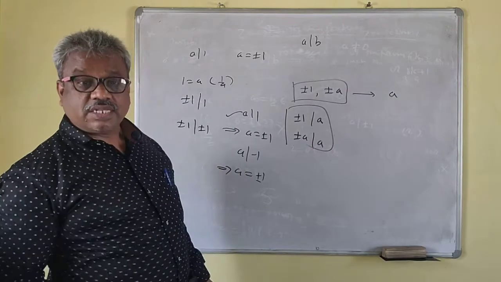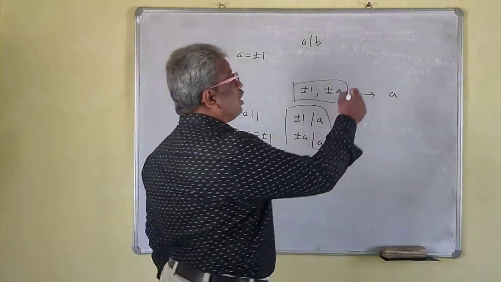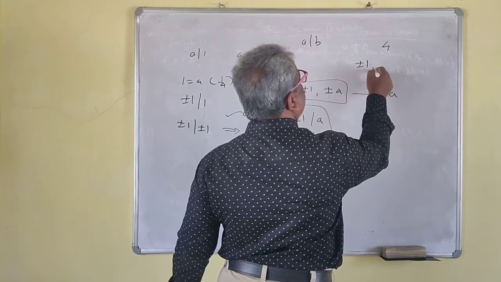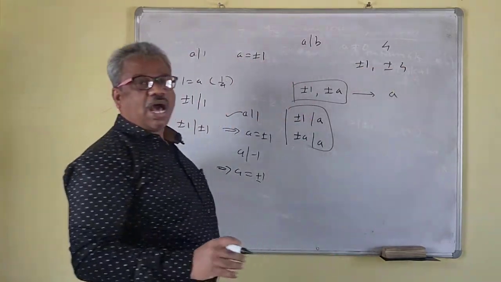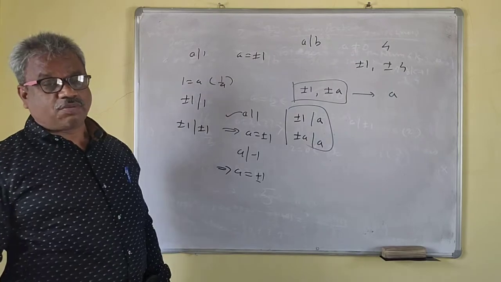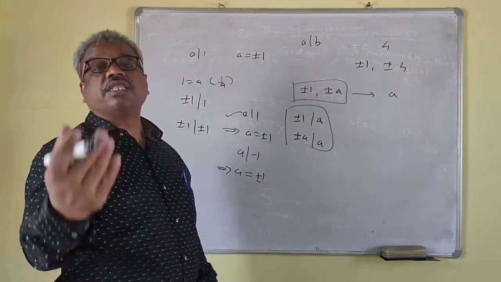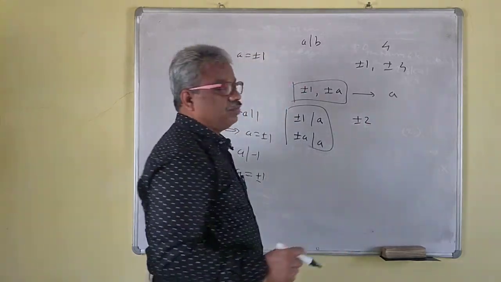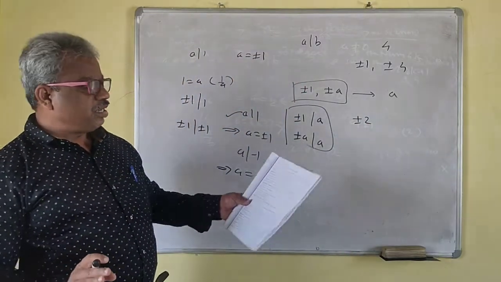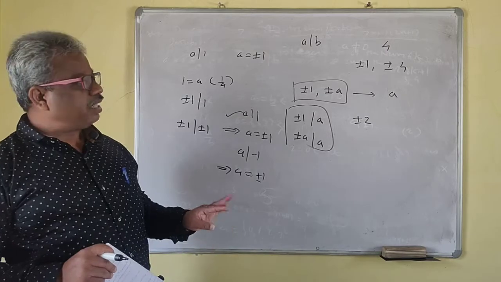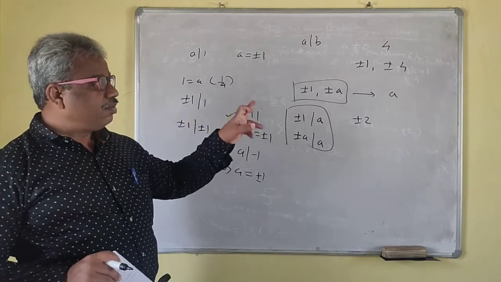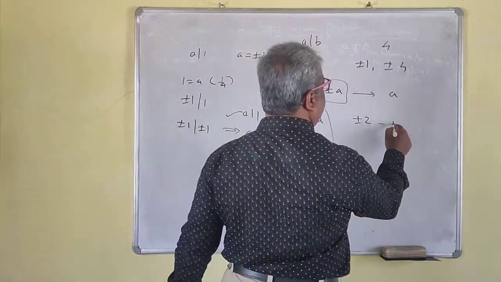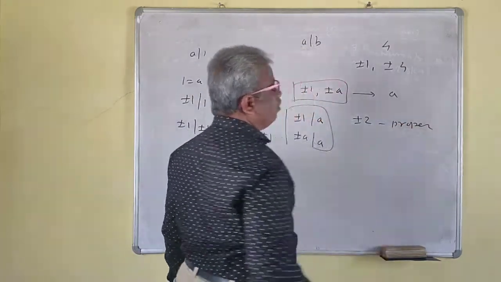And the divisors other than plus or minus 1 and plus or minus a are called proper divisors. So suppose plus or minus 1 and plus or minus 4 are the improper divisors of 4, and the divisors other than these, that is 2 and minus 2, are the proper divisors of 4.